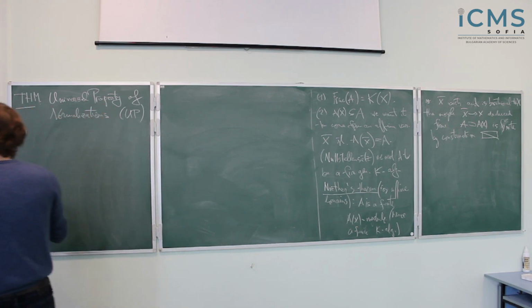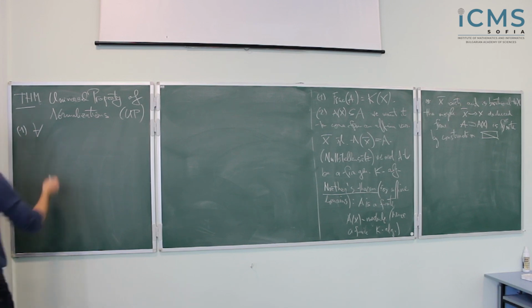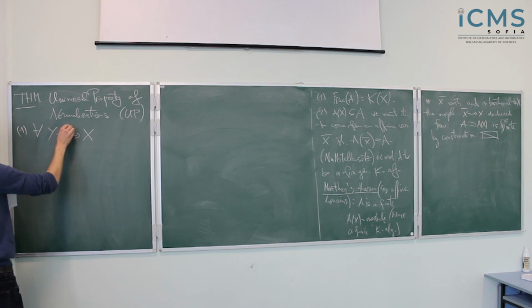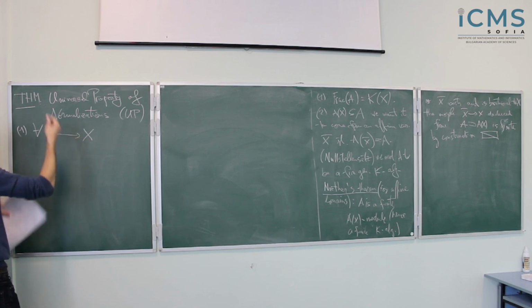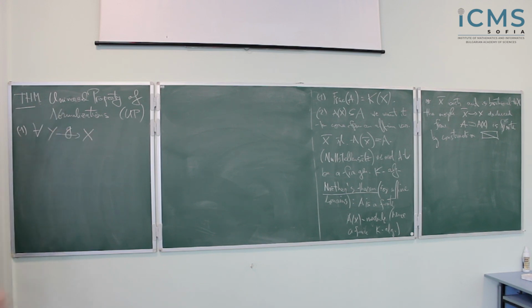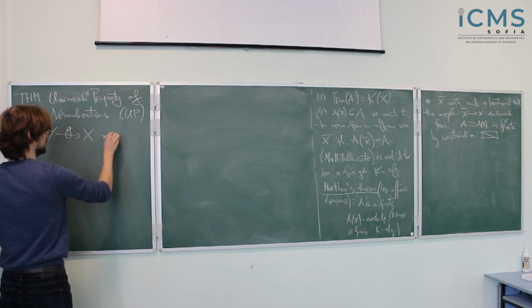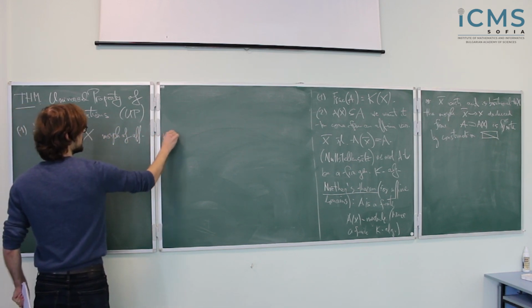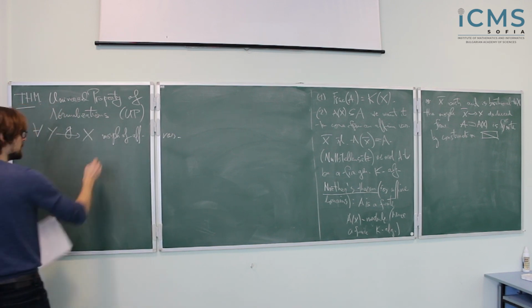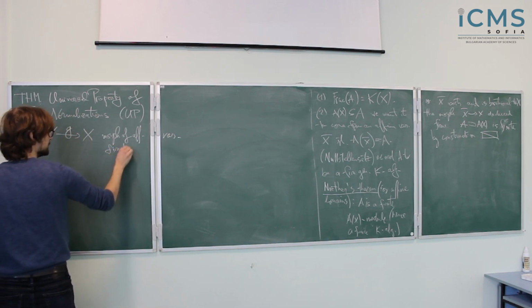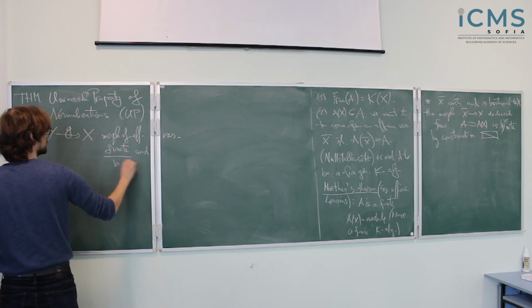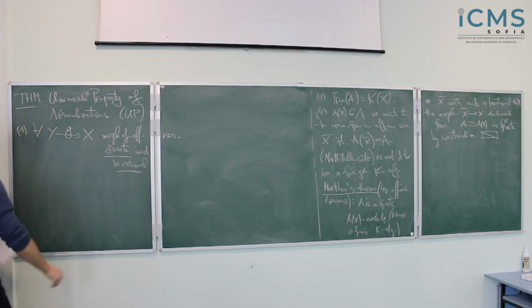Okay, so if I take a morphism y to x, a morphism of affine varieties that is finite and birational, okay?